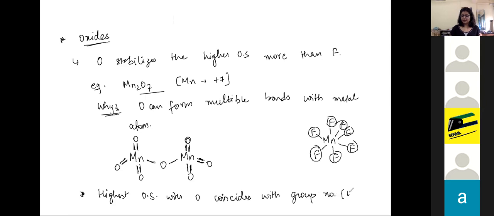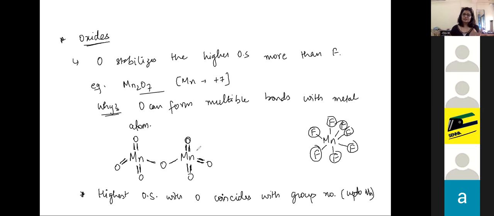And this is up to manganese. So for example, if you look at vanadium: vanadium is in the 5th group. The first 2 groups are S block, then the 3rd group is scandium, 4th is titanium, 5th is vanadium.